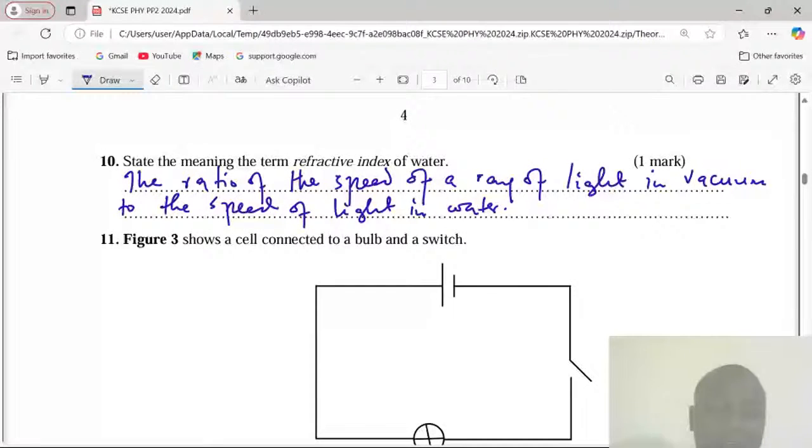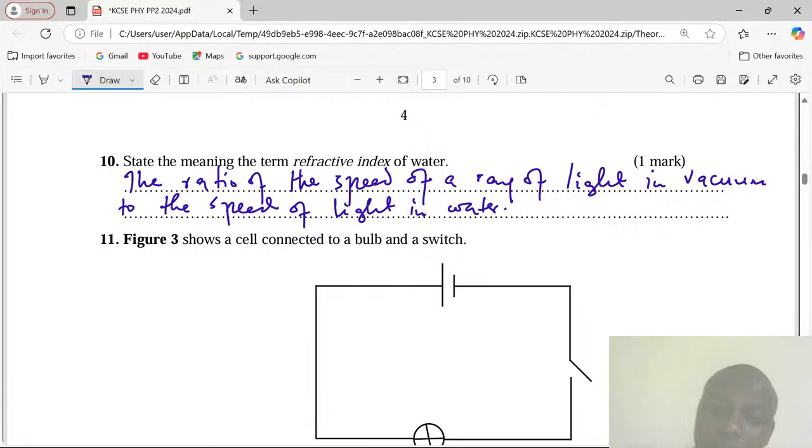We can actually find refractive index from very many perspectives, because we can also talk about it as the reciprocal of the sine of the critical angle as light traverses from air into water, because water is denser. At the time when the angle of refraction in water becomes 90 degrees, then the incident angle in air is called the critical angle.